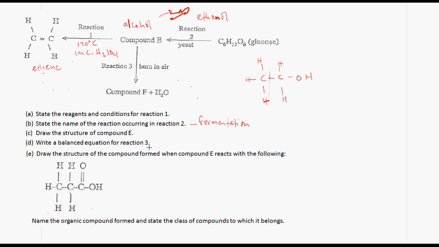And write a balanced equation for reaction 3. Now ethanol is CH3CH2OH, and you're burning in air, so therefore you're going to react with oxygen, and you are going to produce CO2, carbon dioxide, and water.